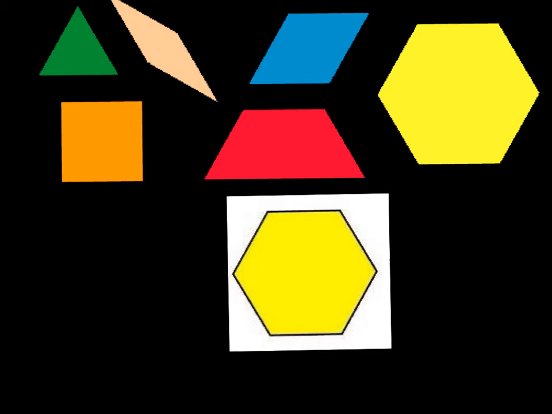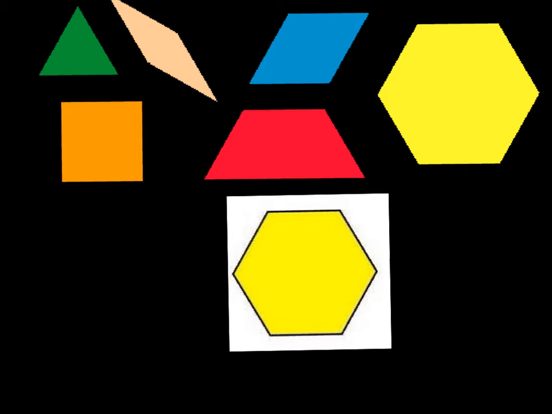Okay, one of the things that you're going to be doing with this lesson is you're going to be taking pattern blocks, and you're going to try to figure out what fraction a certain pattern block is of another pattern block. For example, if I have the hexagon there at the bottom in yellow, and I wanted to know what fraction of that hexagon would be trapezoids, for example.